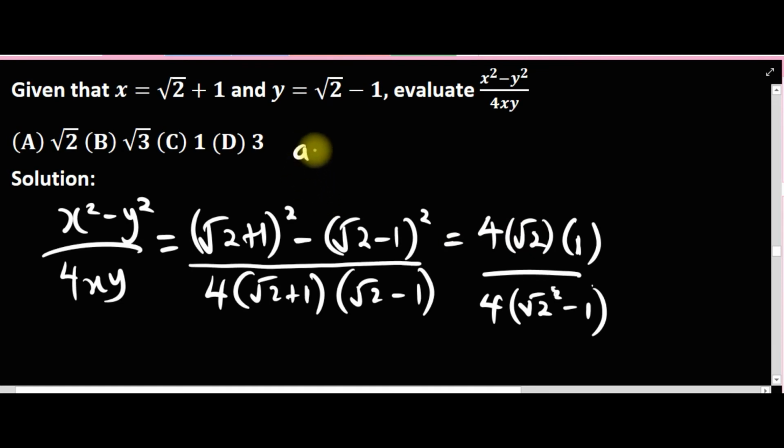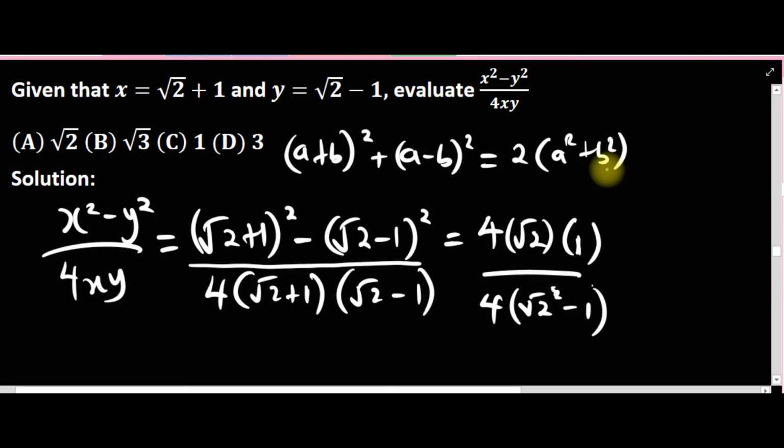So you'll be wondering why did I simplify this fast like this? There is one elementary identity that states that A plus B all squared plus A minus B all squared is 2 times A squared plus B squared. But if it's the negative, it is 4AB. That's a very important identity.